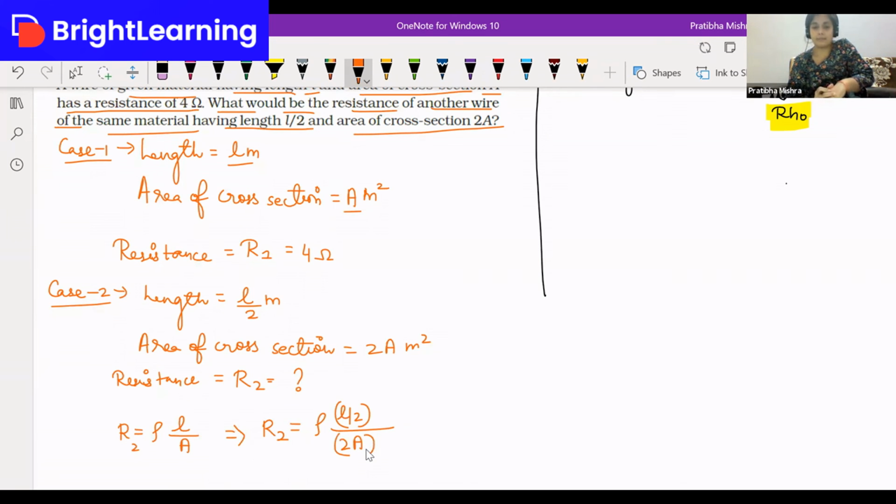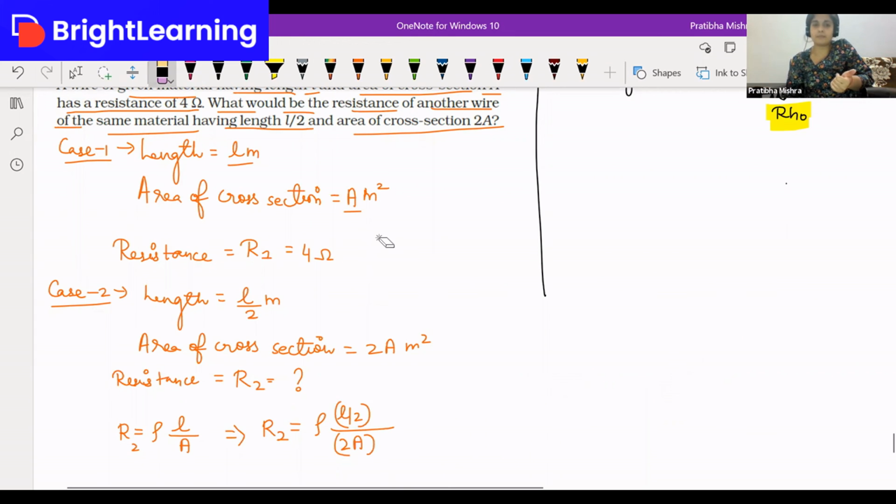It's 2A. In maths, what happens if you have L by 2 divided by 3, for example, this 2 will come down in the denominator. So it will become 2 into 3, L by 6. This is what happens in maths, right? So we are using the same thing.